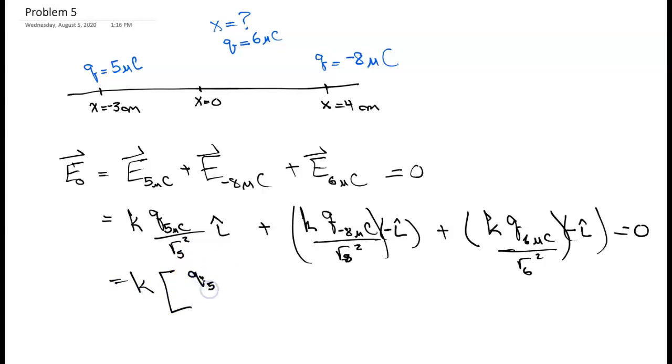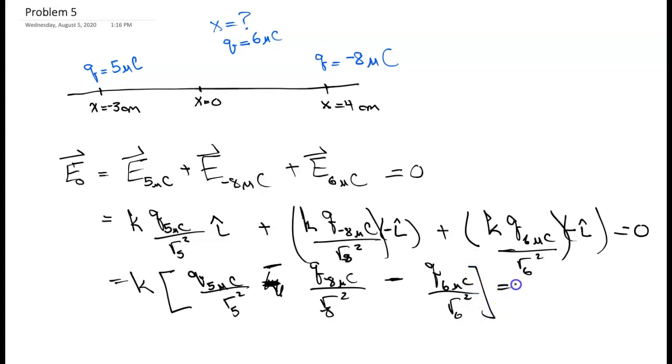Let's say this is the 5 microcoulomb charge over the distance of where that charge is located relative to the origin, squared, minus the -8 microcoulomb charge over its location squared, minus, so this is a minus, folks, the 6 microcoulomb charge over its location squared, and all of this has to equal 0 in the i hat direction.